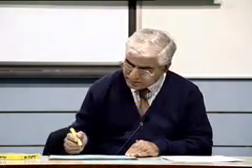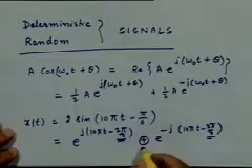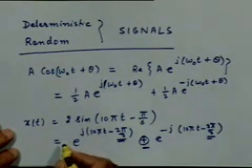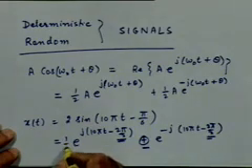Do you have any questions? Have I made any mistake? This should be minus, yes, correct. That's right. So 1 upon j, so 1 by j.